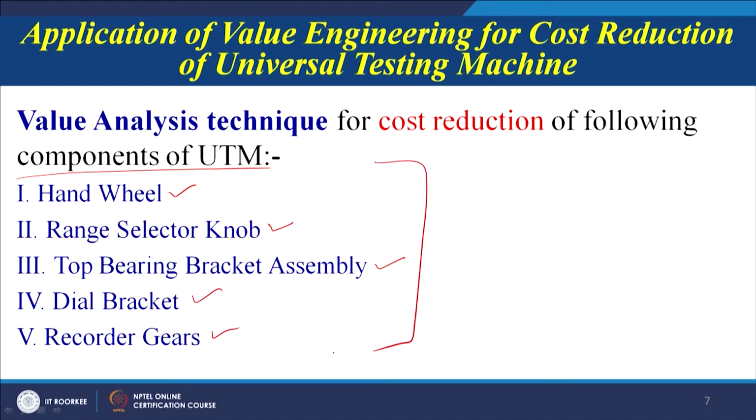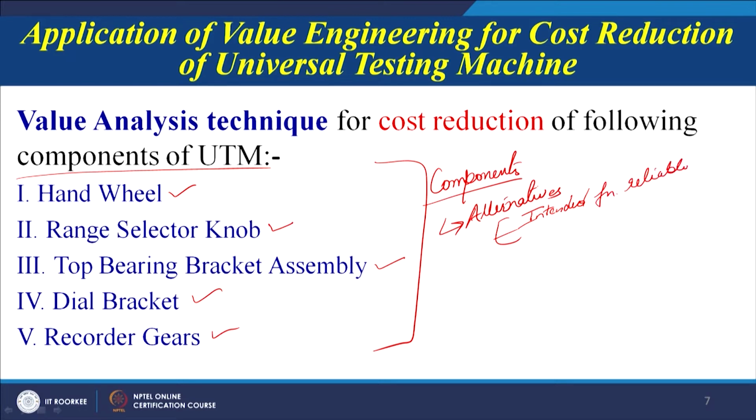All these are the components on which a value engineer will focus and try to see what can be the alternatives. As we have seen, value engineering will always focus on the alternatives. What are the alternatives possible, and which alternative will be able to perform the intended function reliably at minimum cost. So our target will be to look at the alternatives.